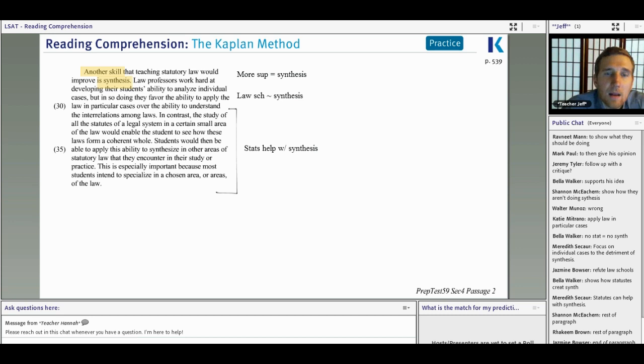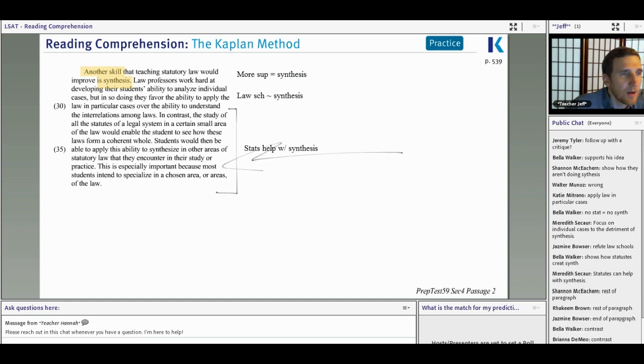And what are some words that you might normally want to mark as you're reading this? What are some words that, as you read the latter half of this paragraph, might pop out to you? Right, you might see, oh, we're contrasting what law schools were previously saying.